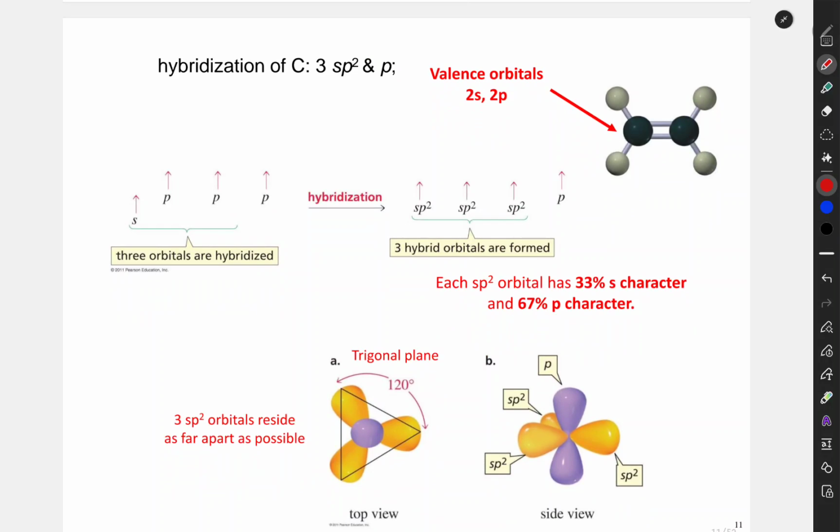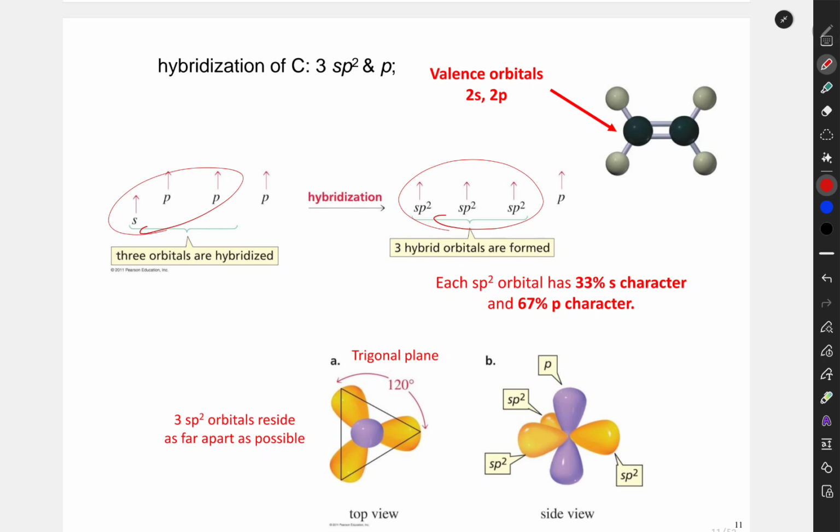So this is again the s and p orbital set, the original orbital set. For sp2 hybridization, you only need two p orbitals. So one s orbital and two p orbitals get hybridized. Since you are using three orbitals, the outcome is also three: you're going to have three sp2 hybridized orbitals.